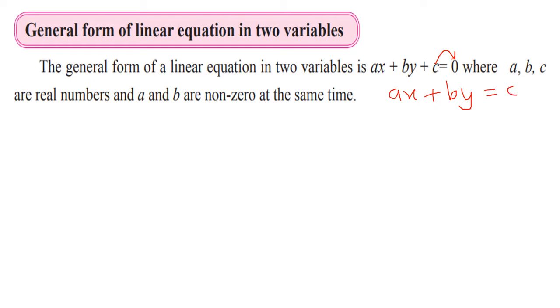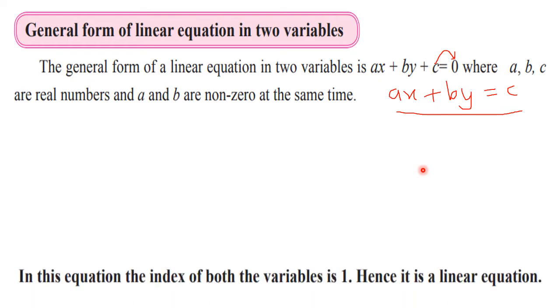So keep in mind this general form, ax plus by is equal to c, because all the sums we solve will use this type of form. Even in 10th standard you are going to use the standard form, and in the 10th standard textbook you will find that the standard form is given as ax plus by is equal to c. Both have the same meaning. We can take the constant to the right hand side, but always keep in mind this form, ax plus by is equal to c.